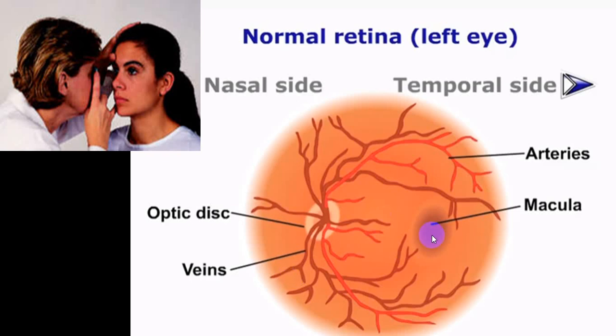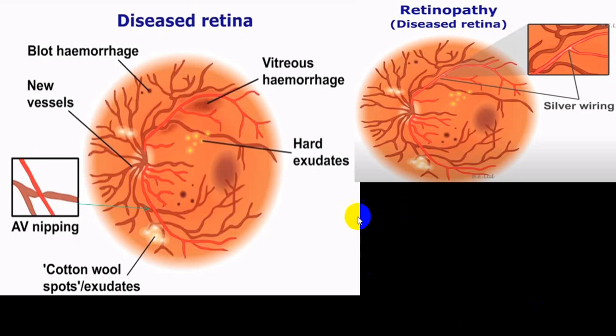And then you look at the optic disc, then retinal arteries, veins, macula, all those. You examine the entire retinal field. And then you mention whether there is any hemorrhage, exudates, maybe cotton wool appearance, neovascularization, then AV nipping, all of which suggest that there is some damage to retinal blood vessels.